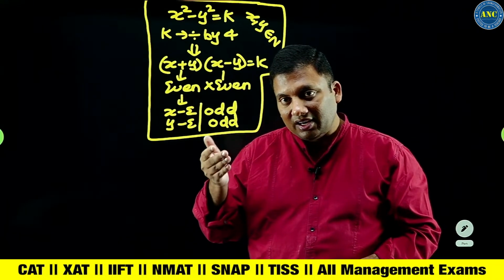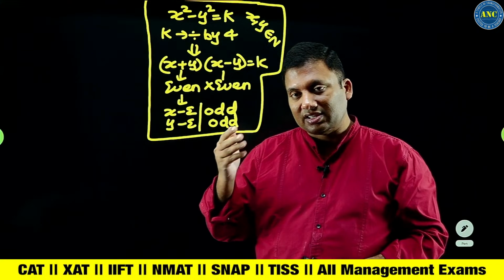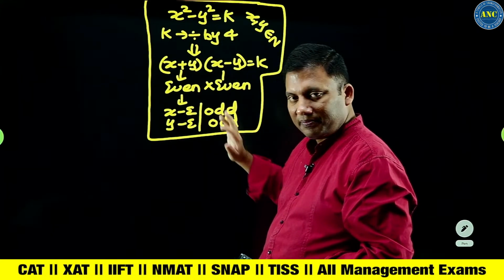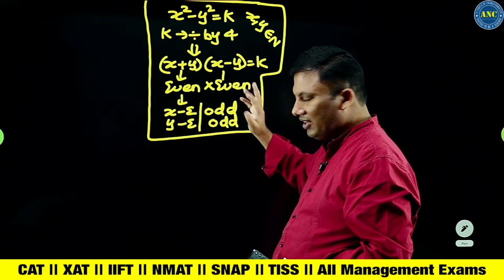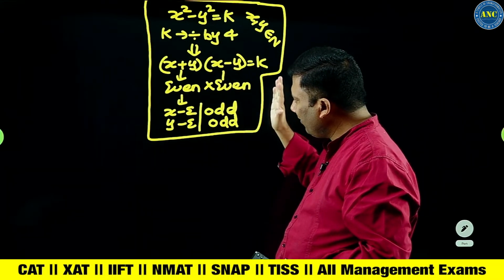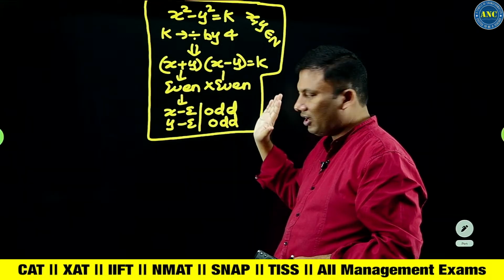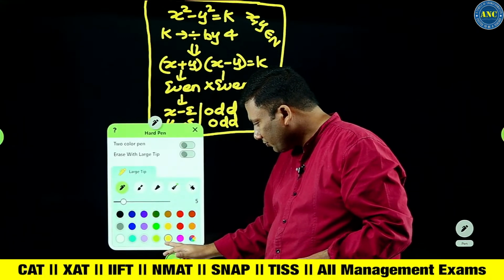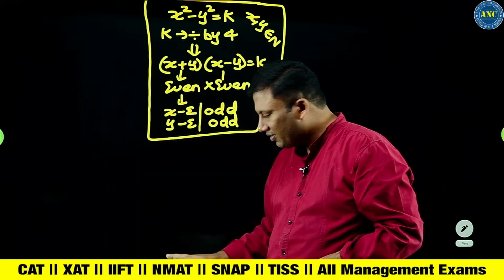One is even, another is odd: right hand side odd number. Both are even: even plus even is even, even minus even is even. Both are odd: odd plus odd is even, odd minus odd is even. Are you all with me? With this concept, let us solve the questions. 3 to 4 questions I will discuss.